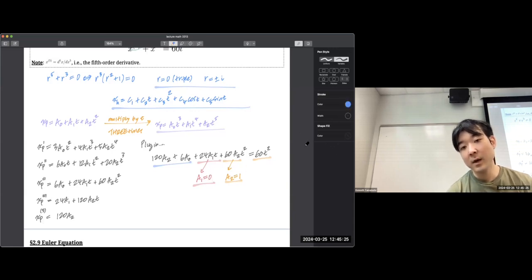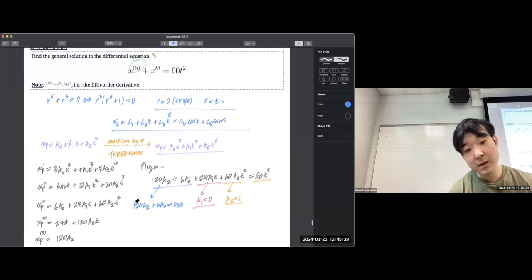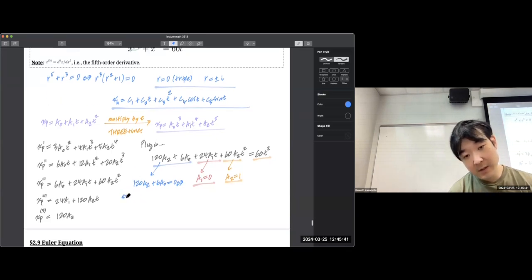And then this one says that my 120 A2 plus 6 A naught has to equal 0. But we know that our A2 is 1, so that gives us 120 times the 1, because A2 is equal to 1.